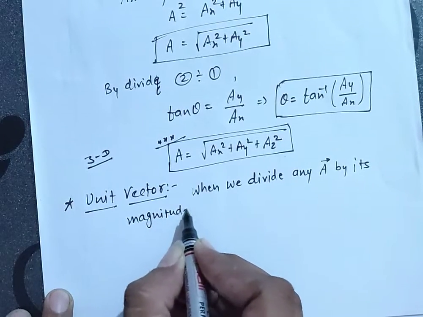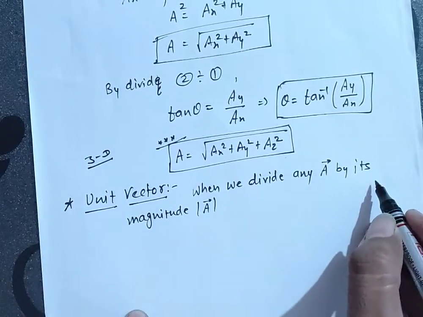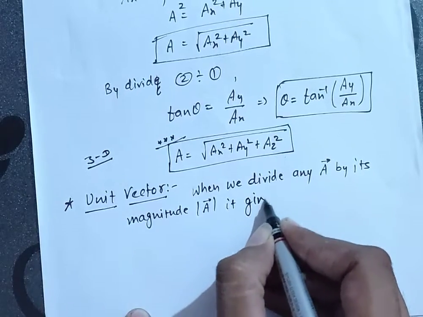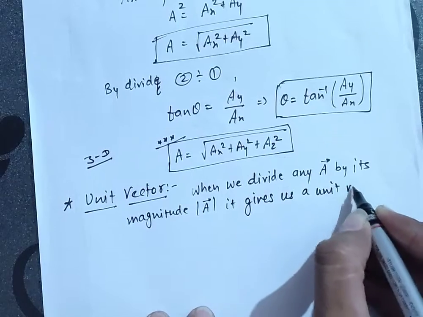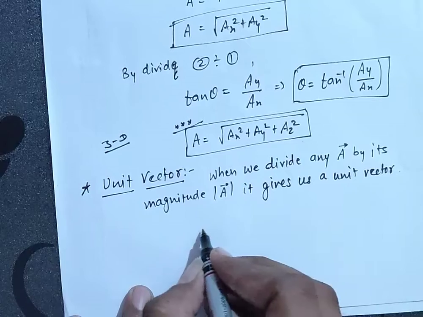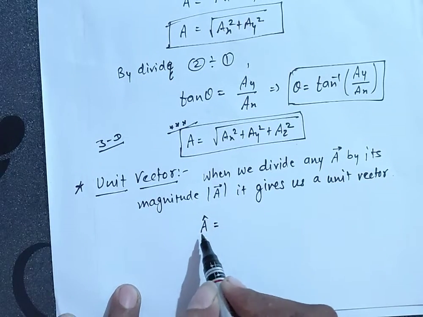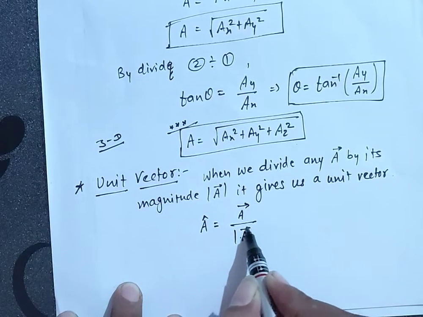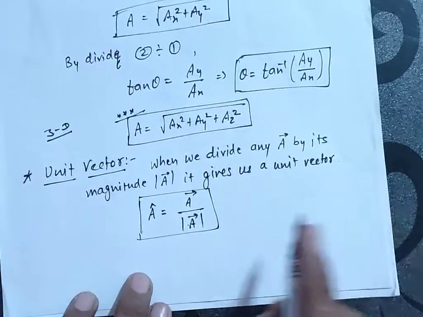The magnitude is mod of A. So when we divide any vector A by its magnitude, it gives us a unit vector, which is denoted by A cap. A cap is equal to vector A upon the magnitude of this vector A. So this is the formula of the unit vector.